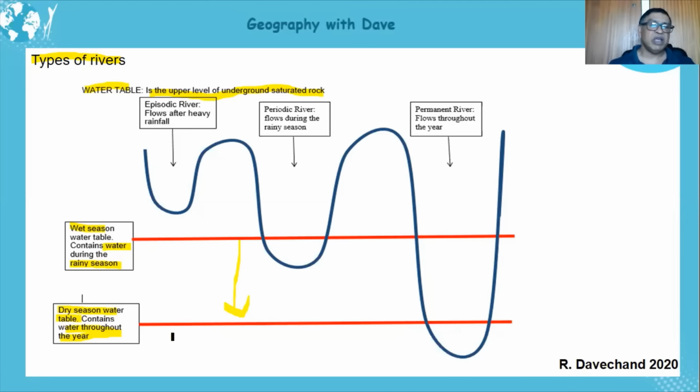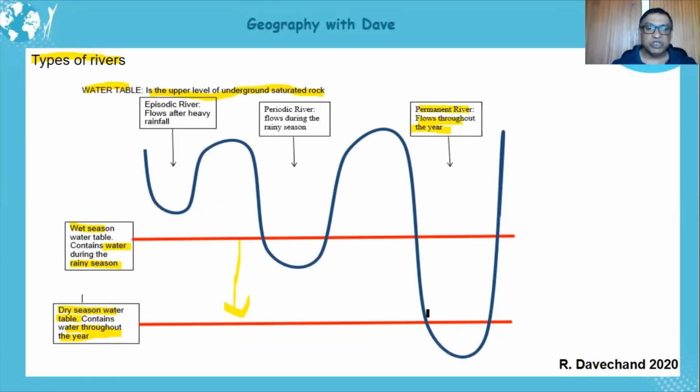So let's now look at this permanent river. A permanent river flows throughout the year. You know that. But you need to ask yourself, why does it flow throughout the year? Now let's look at it. Where does it cut? It cuts the wet season water table, yes, so it'll have water during the rainy season.